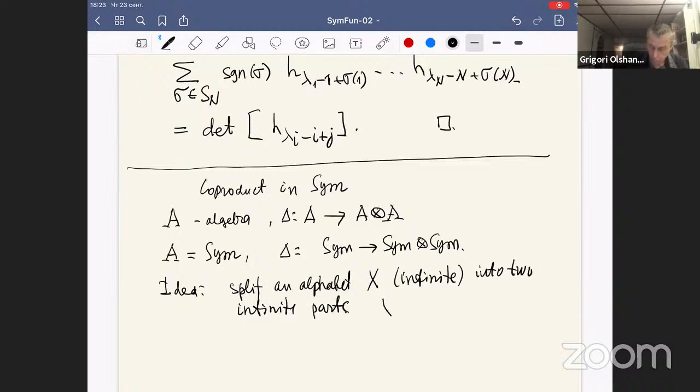So write X as a disjoint union of two sets, which are both infinite, two alphabets. Sorry.